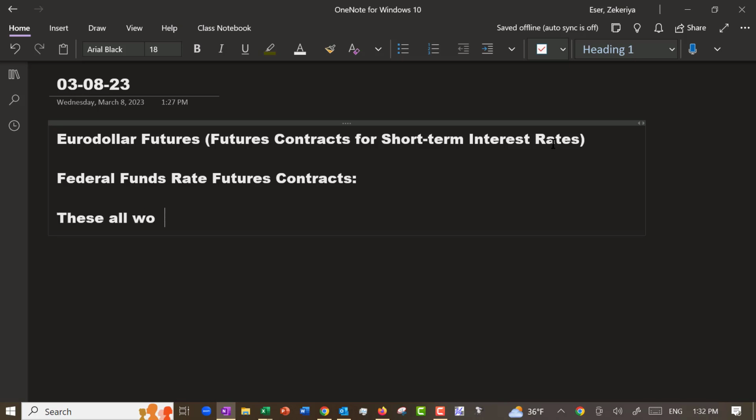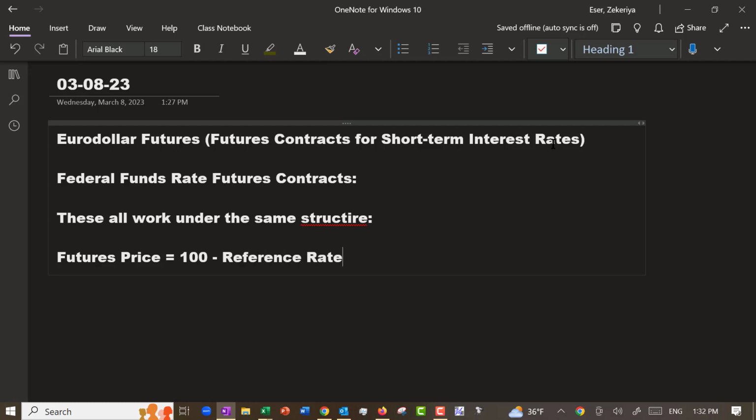These all work under the same structure. Futures price equals 100 minus the reference rate. What that reference rate is varies depending upon the contract.